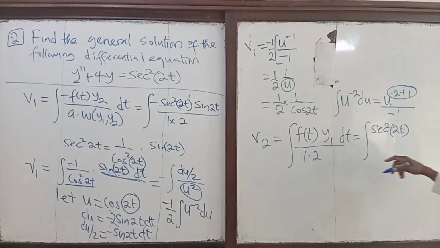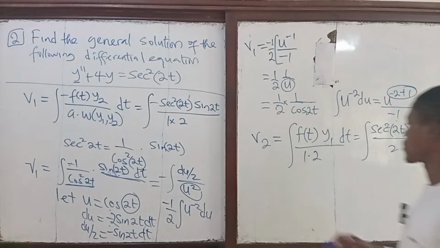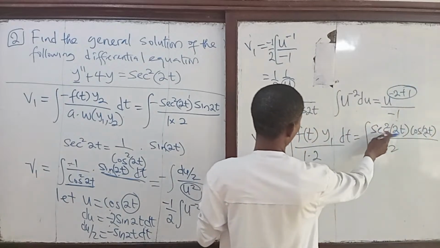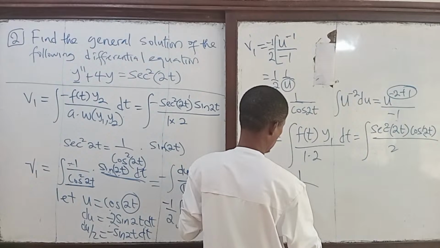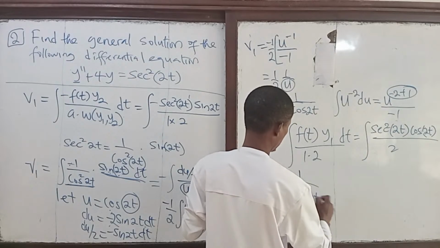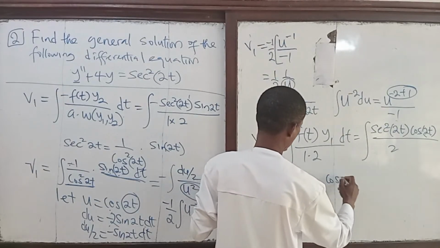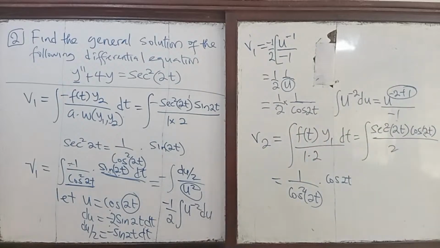My y1, let me check that, my y1 is cos 2t, cos 2t over the Wronskian. And that will be equal to sec, which is 1 over cos square 2t, times cos 2t dt.